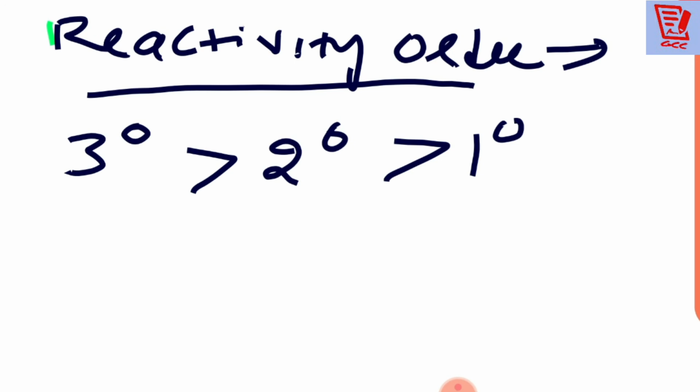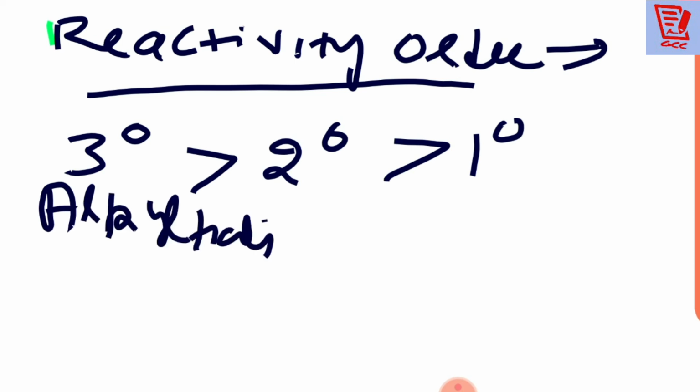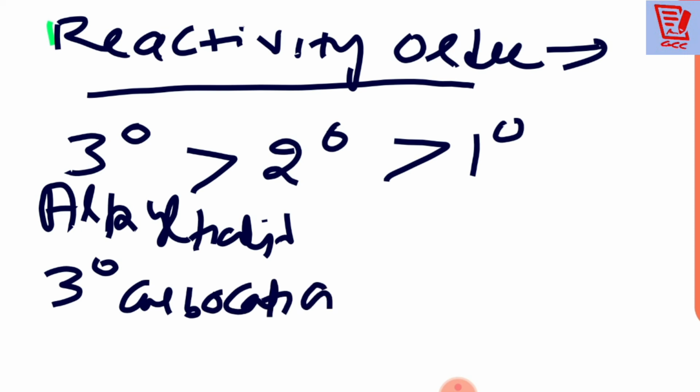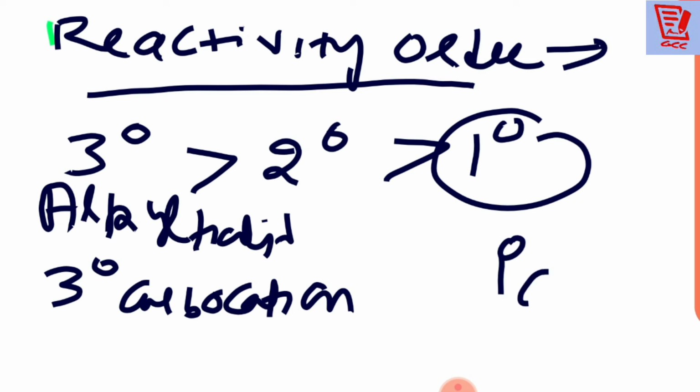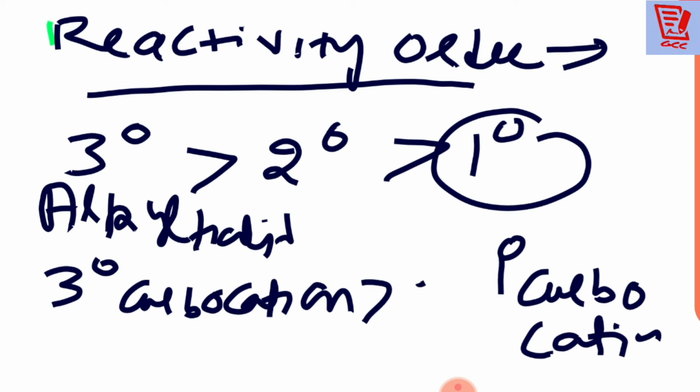It is so because in a tertiary alkyl halide there is a formation of a tertiary carbocation, and in the primary there will be a primary carbocation, and tertiary carbocation is maximum stable, then secondary, and then primary.